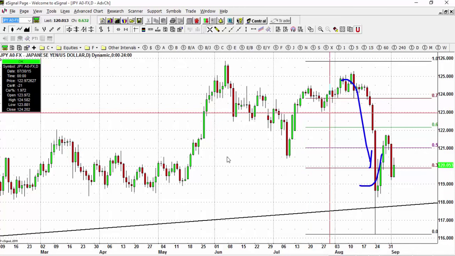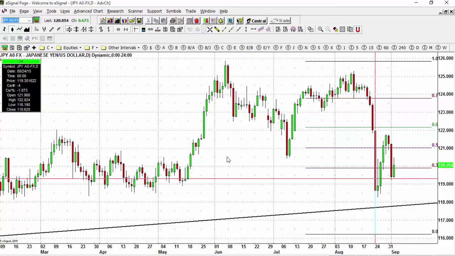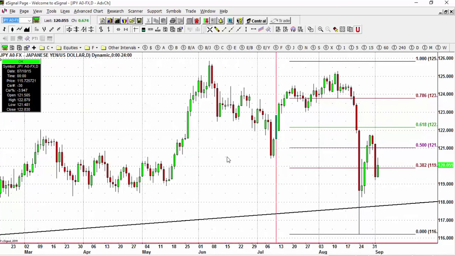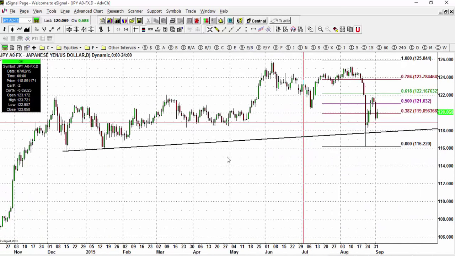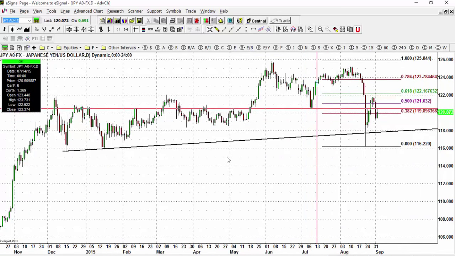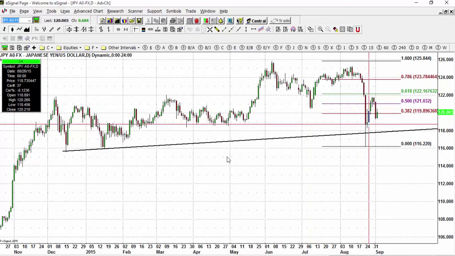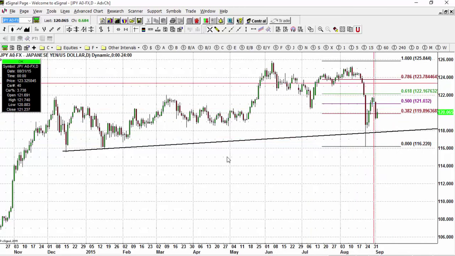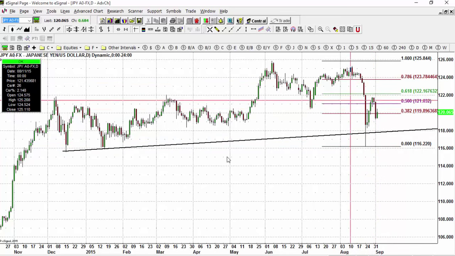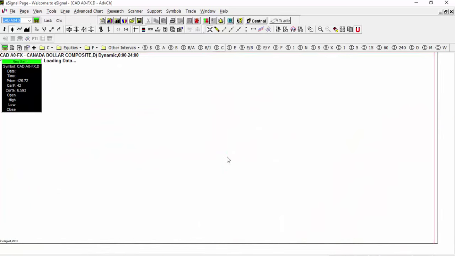When it's moving up, that means US dollar is strengthening. So we do have a recovery in the futures of the stock market, and we have a recovery in the USD Japanese yen. Critical support is at 116.22, and resistance is up at the swing high at 121.74.